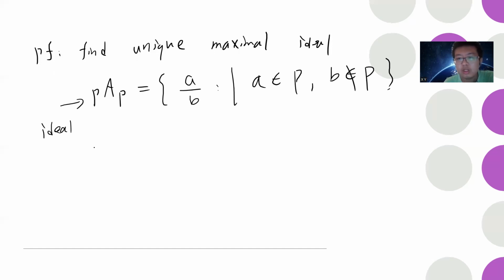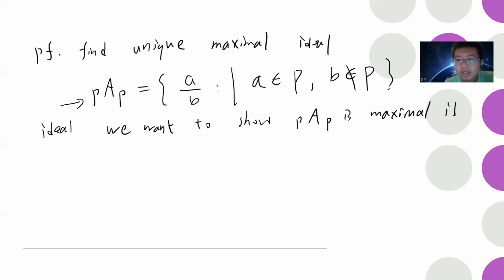Okay, so the thing that we want to prove is that P A_P is a maximum ideal. Okay, the problem is, how do you prove something is a maximum ideal? I mean, you can do the quotient, right? You can check the quotient.